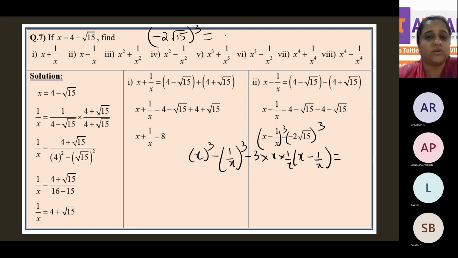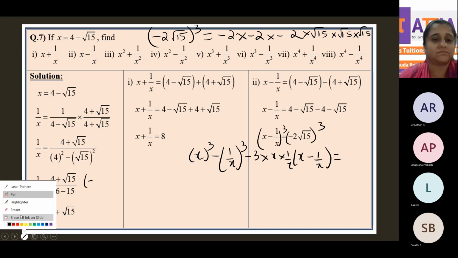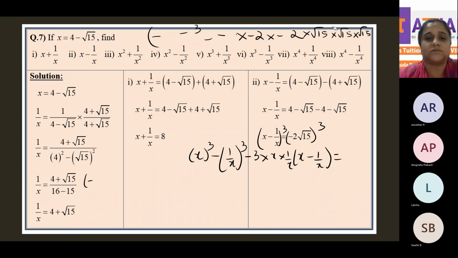What is minus 2 root 15 the whole cubed? Minus 2 into minus 2 into minus 2, into root 15 into root 15 into root 15.